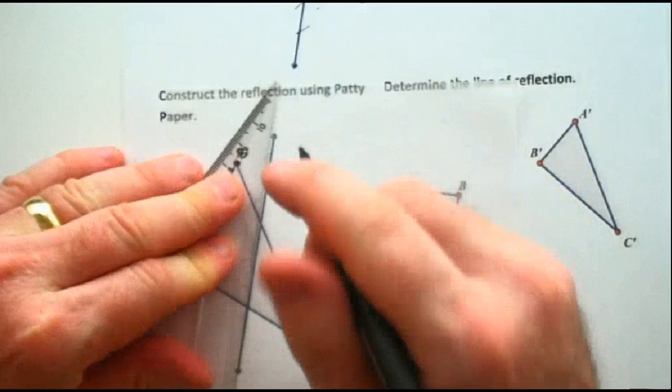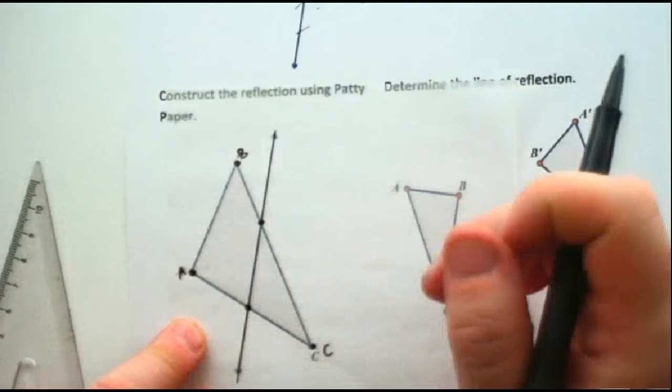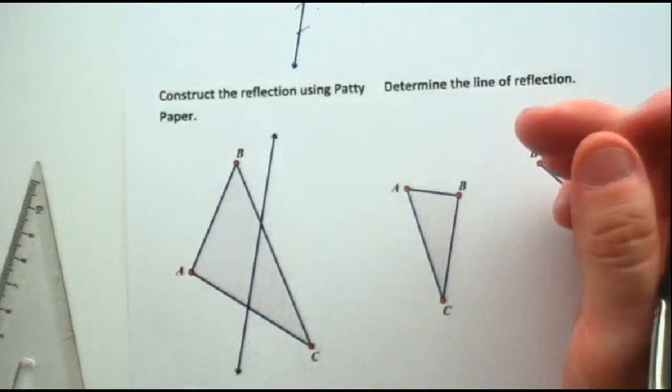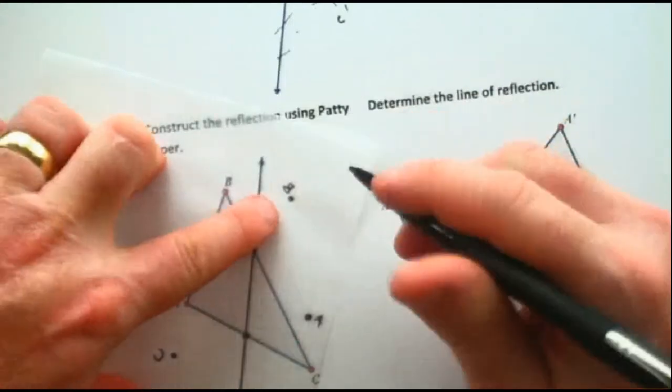And I'm also going to do one more thing. I'm going to show where the line of reflection intersects our triangle, because then when I flip the paper, I'm going to be able to line it back up perfectly.